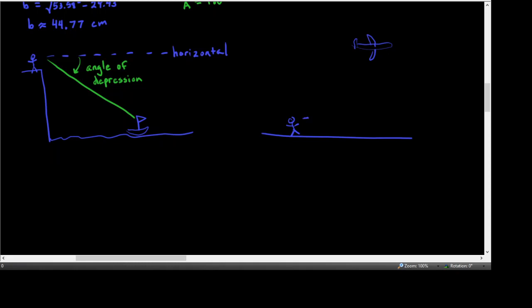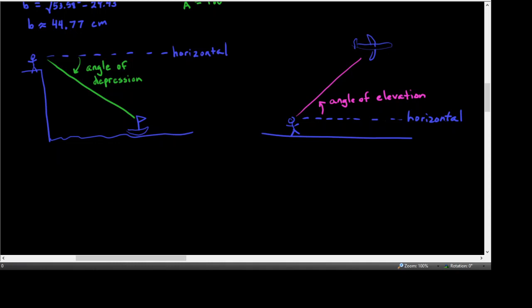So if you look up from the horizontal, the angle that your eyes move up to look up at that plane in this case is called the angle of elevation. As it turns out, both of these situations actually involve both ideas.